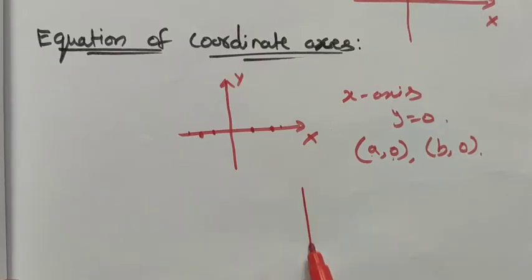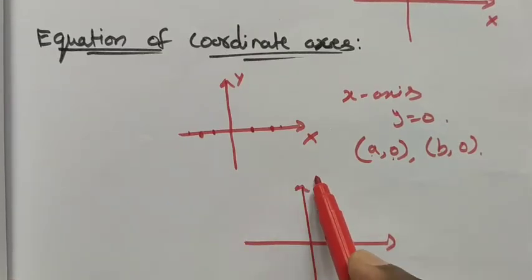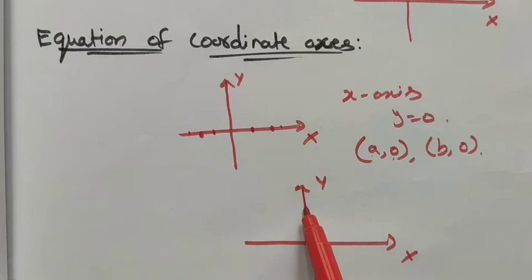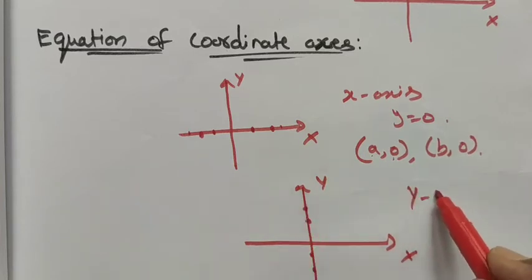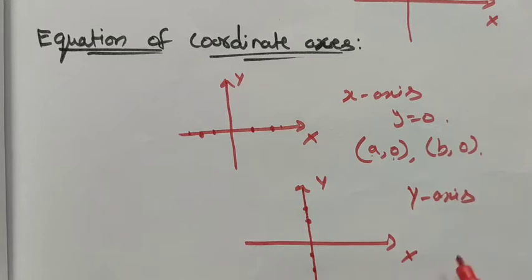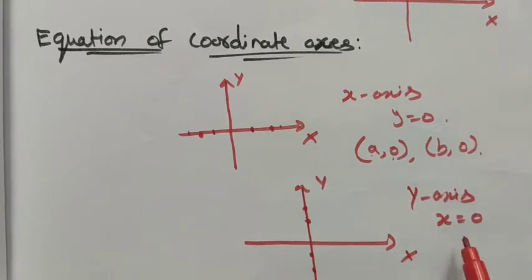Next, if the point lies on the y-axis, all the points lie only on the y-axis. Then the value of x is always 0, so the coordinates are 0 comma a, and 0 comma b.